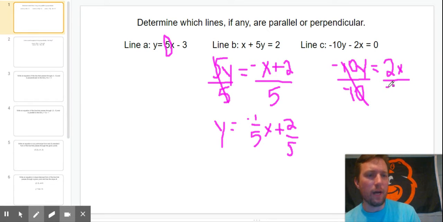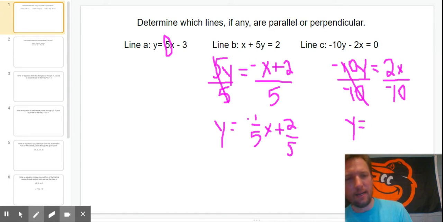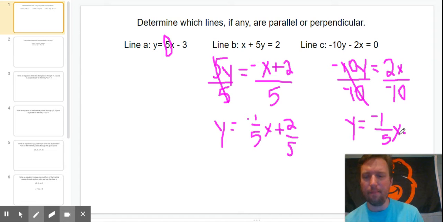And if I do it on one side of the equal sign, I have to do it on the other, okay? So I'm left with y equals 2x divided by negative 10. And when I do that, that would give me negative 1/5 x. Wait a minute, how about that, okay?